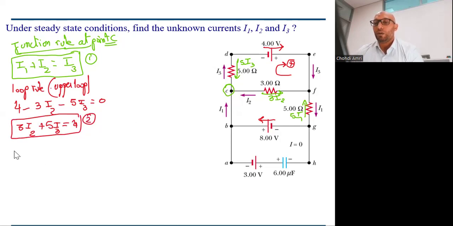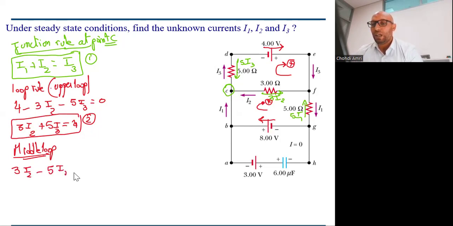For the middle loop, what are we going to get? Positive direction also clockwise. So 3I2 is going with the positive direction, so we can write 3I2, then -5I1.